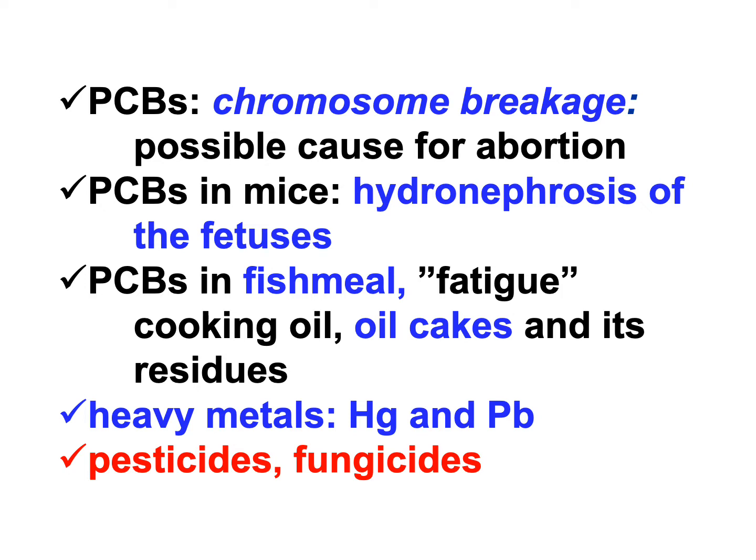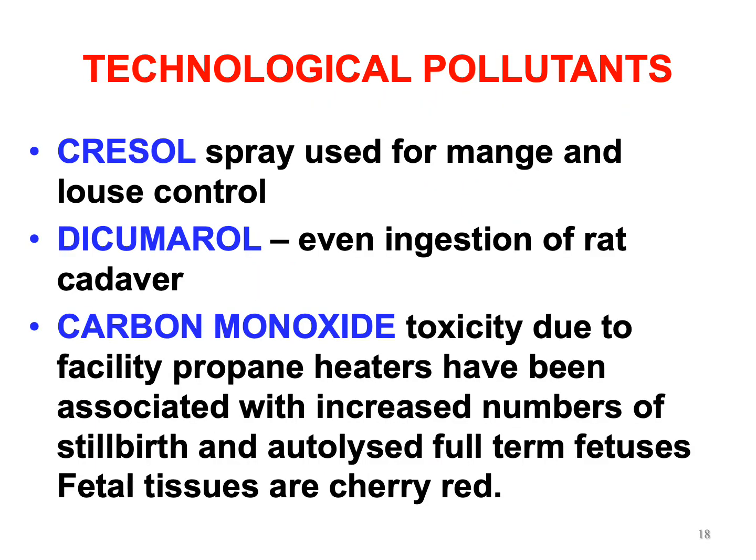Heavy metal environmental pollutants from the traffic and from the industrial activity may cause mercury and lead contamination and consequent abortion. Pesticides and fungicides are also able to cause abortion.